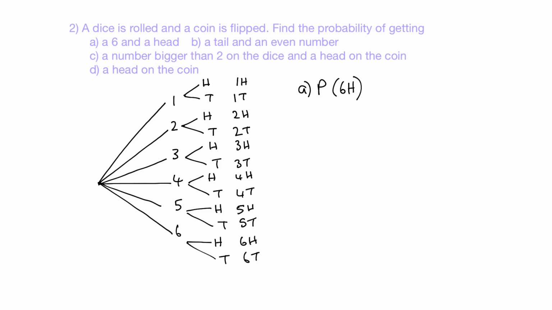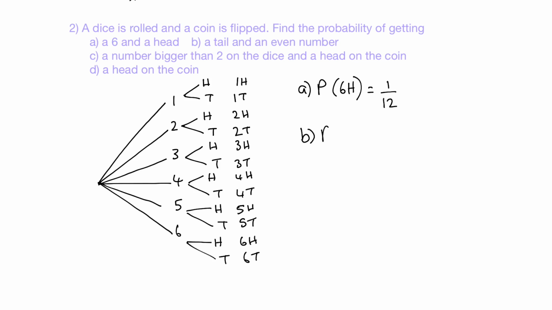So if we count all those up, we'll see there are 12 different possibilities here. Okay, so the number that goes on the bottom of our fraction for probability, total number of possible outcomes, is 12. And if we look, only one of them is 6 and a head. Okay, so it is 1/12 for part A.